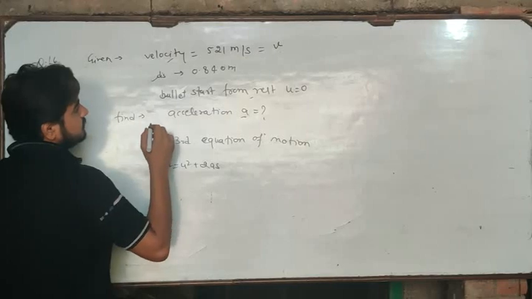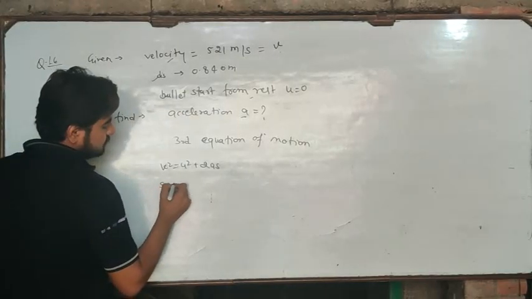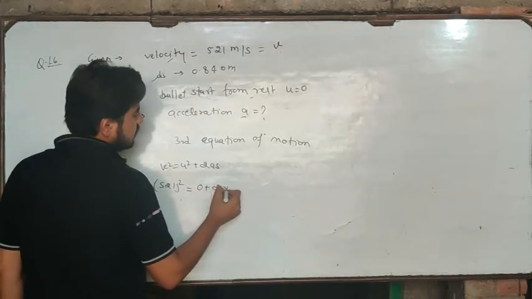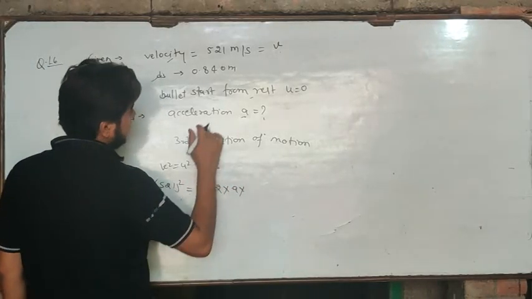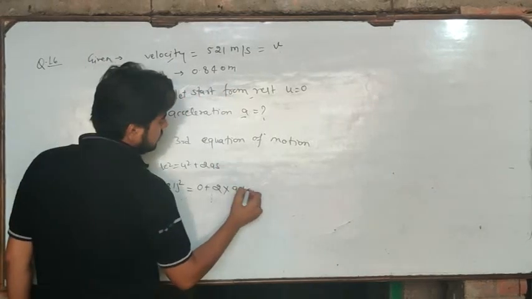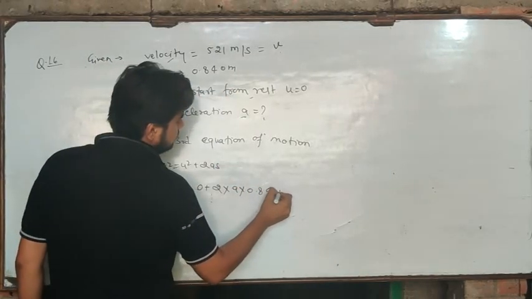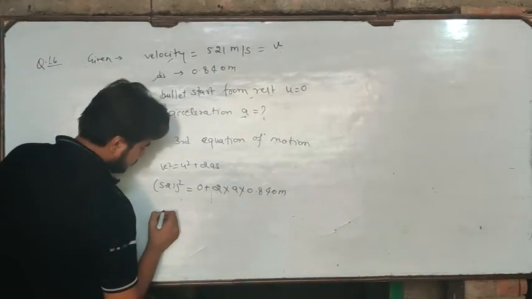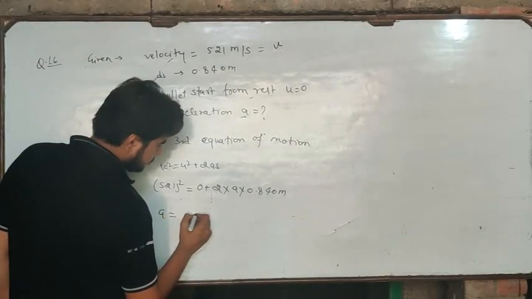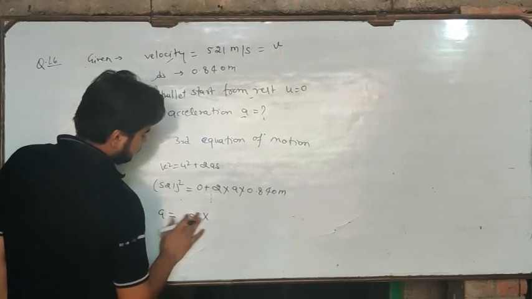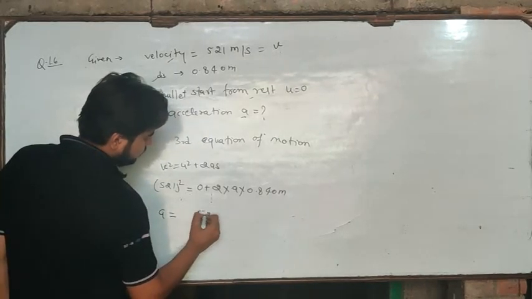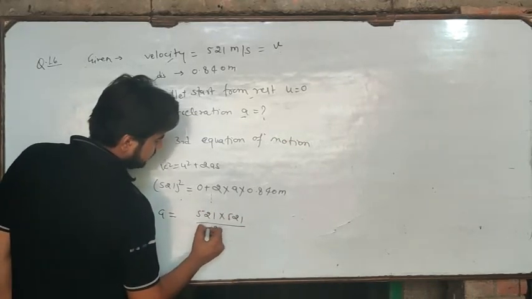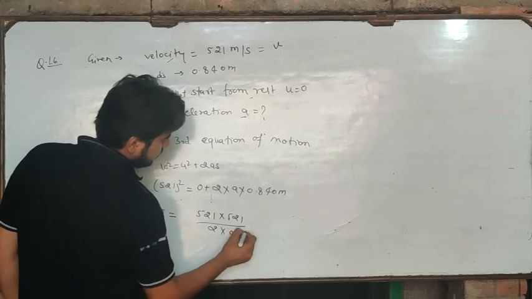So 521 square is equal to 0 plus 2 into A into S, distance 0.84 meter. We will solve it. So A is equal to 521 into 521 divided by 2 into 0.84.